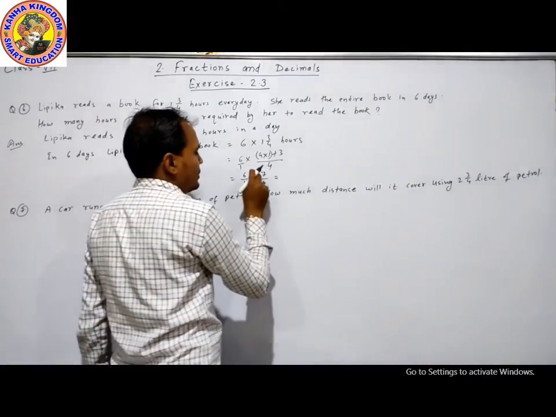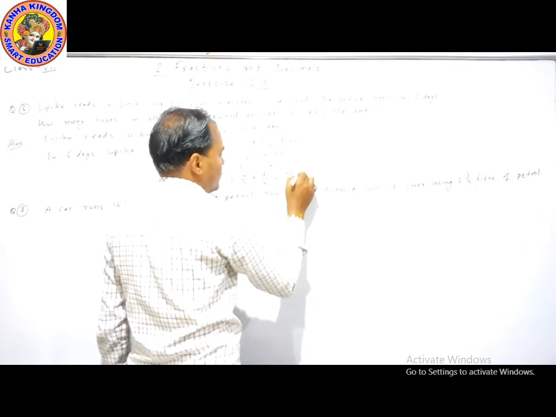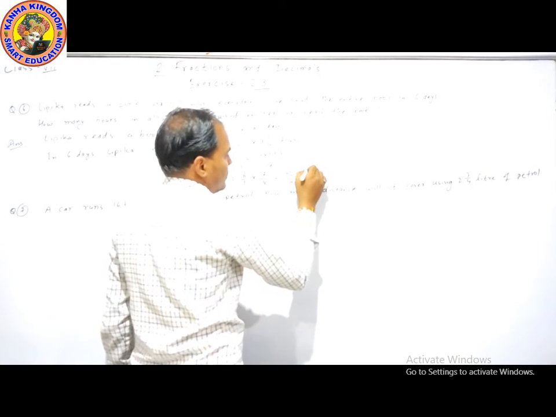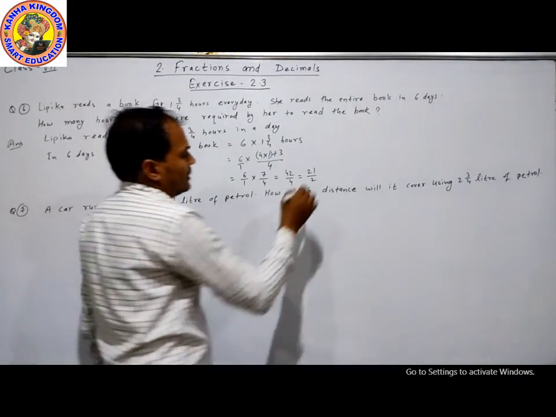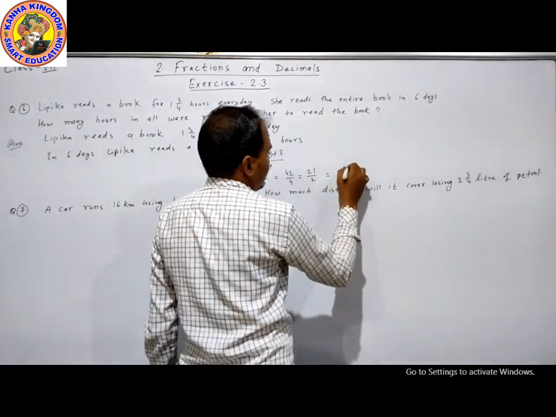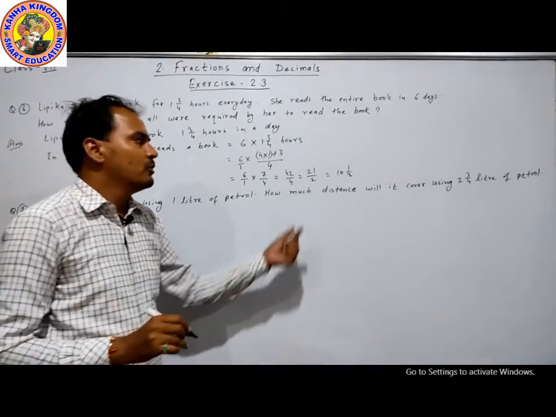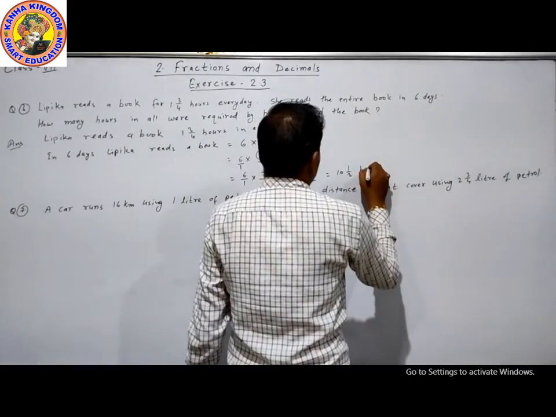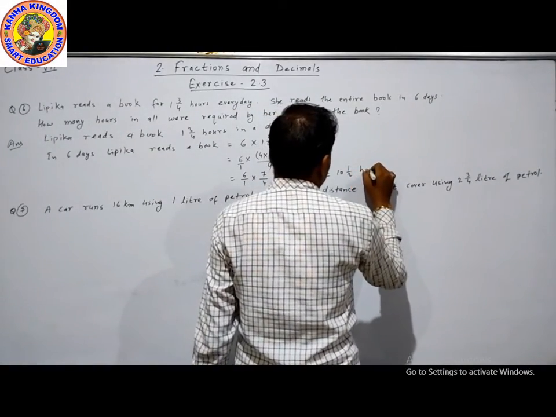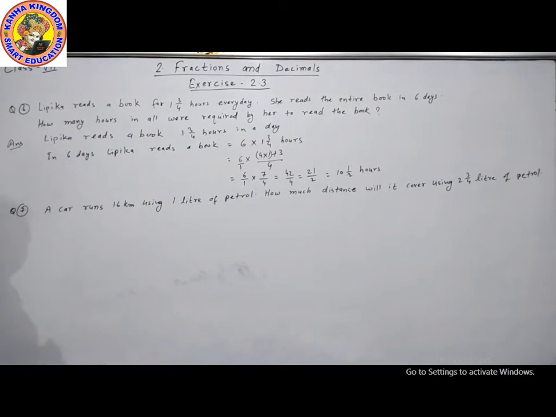Answer is 6 into 3, 18 upon 4. We can cut by 2, 9 upon 2, and now as a mixed fraction, 4 1 by 2. You can divide in rough copy, you will get 4 1/2 hours. This is for reading the full book.